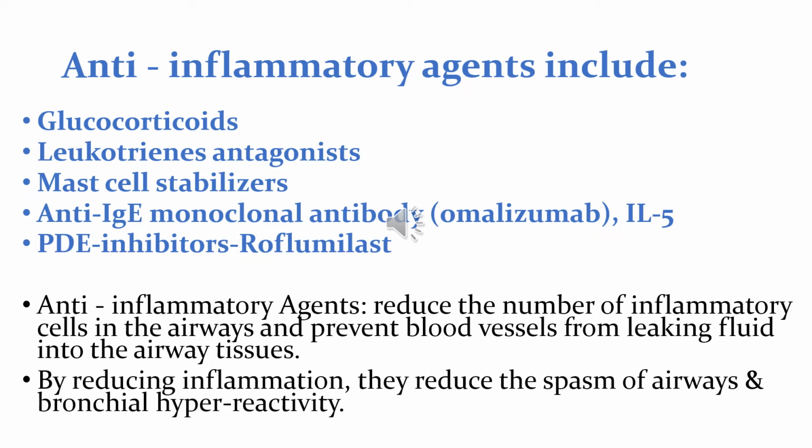Anti-inflammatory agents reduce the number of inflammatory cells in the airways and prevent blood vessels from leaking fluid into the airway tissues. By reducing inflammation, they reduce the spasm of airways and bronchial hyperreactivity.